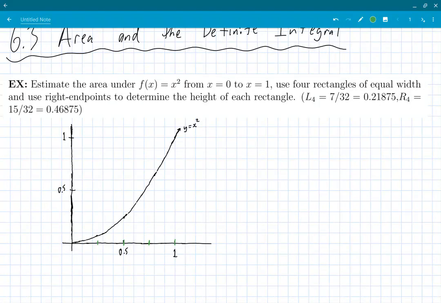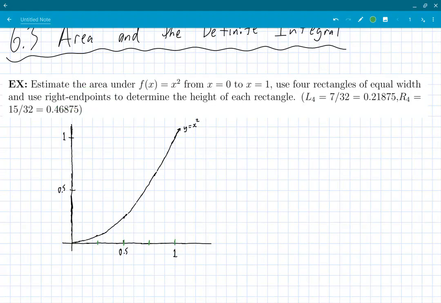Now, above every subinterval, so this is a subinterval from 0.75 to 1, we're going to draw a rectangle. So if I look at this subinterval, I will follow the instruction to use a right endpoint.